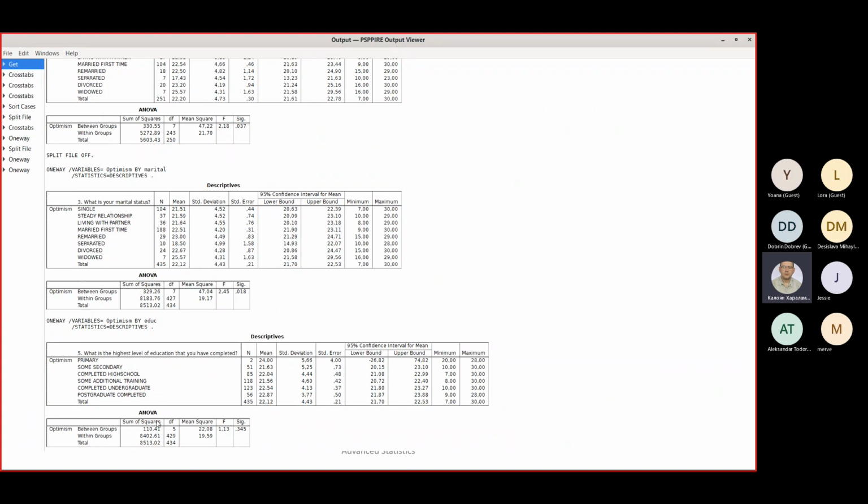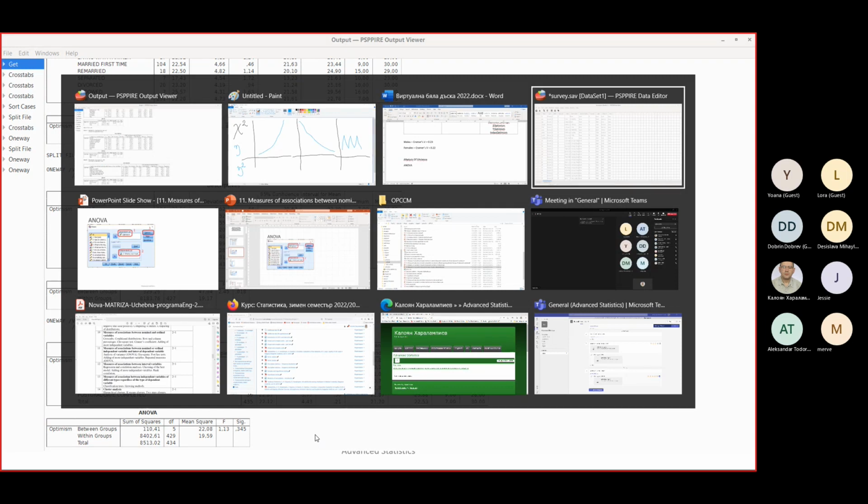We have sum of squares between groups and sum of squares total. And if we divide sum of squares between group by total sum of squares, we will obtain the coefficient of determination. So I will use calculator.